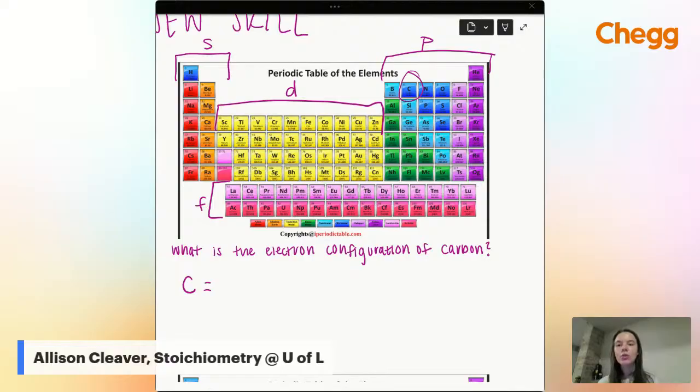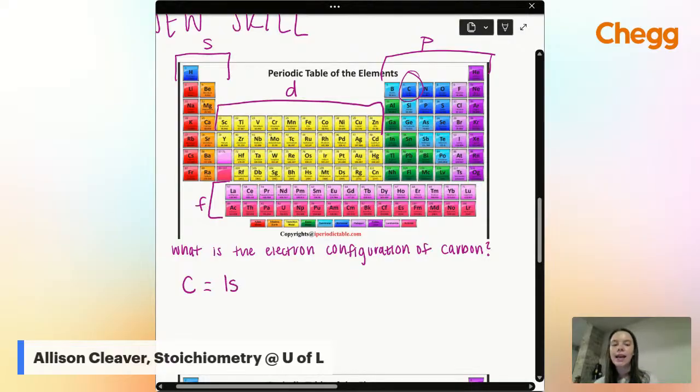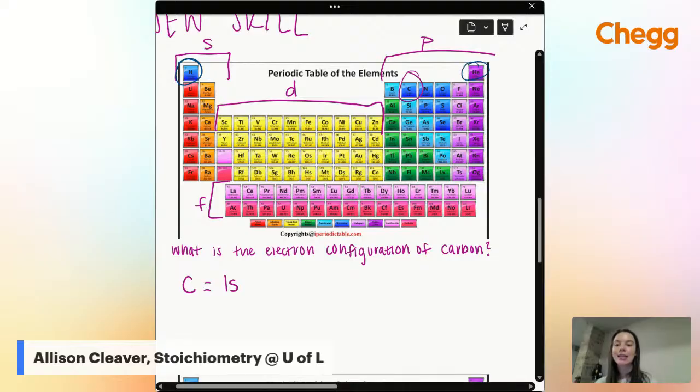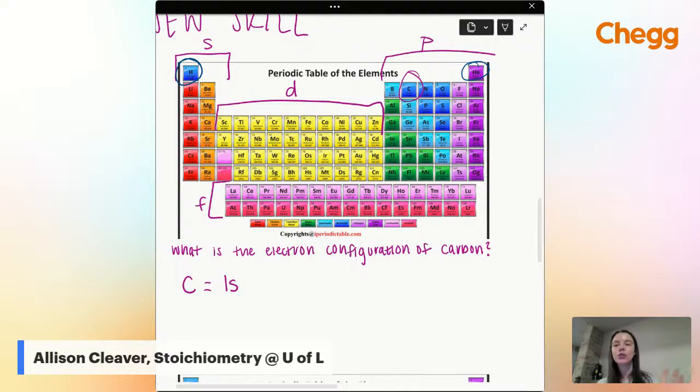So we always start with 1s. 1s entails hydrogen and helium. And since there's 2 electrons in the 1s orbital, we would put 1s2. And that 2 signifies 2 electrons.